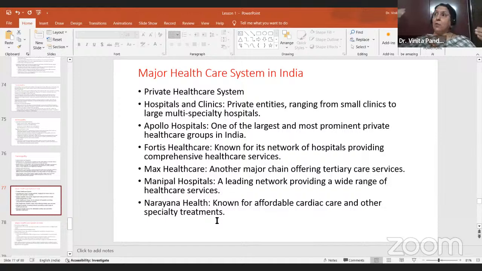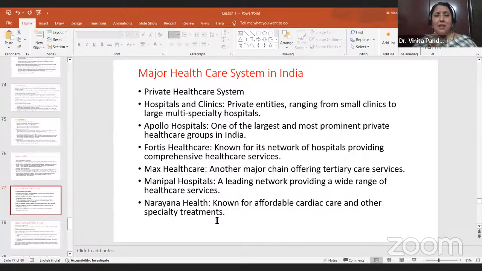And initially, that was the only private hospital which had an entire glass building. In those days, it was a new thing, and you will be surprised, but many people would go to Apollo Hospital just to see how a hospital looks like. For some of them, it was also a tourist spot.